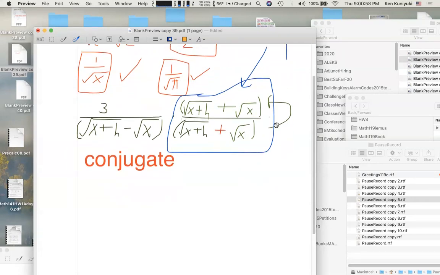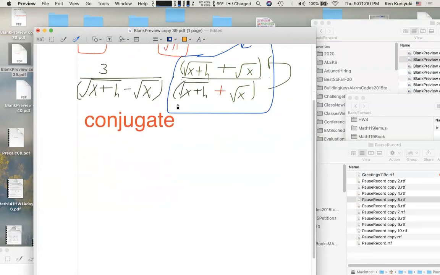All right, let's proceed. So why do we multiply by the conjugate? Well, it's based on this algebra principle. If I have a minus b and a plus b, when you multiply these, you get a squared minus b squared.